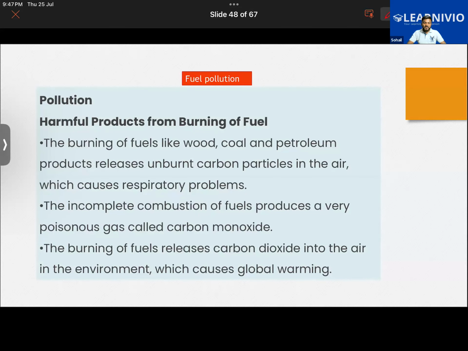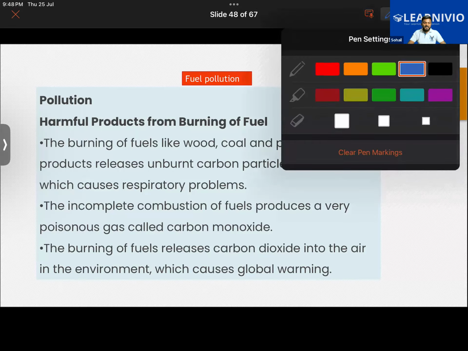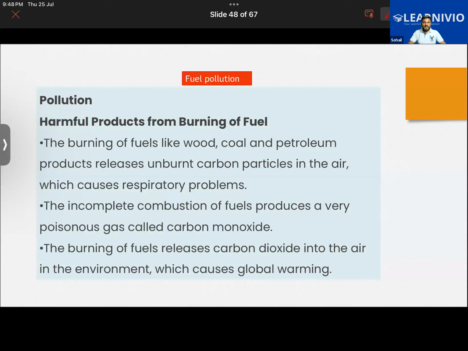Talking about pollution caused due to the burning of the fuel. Whatever kind of fuel you have, whether a fossil fuel or fuels like wood or other fuels, rarely do we see fuels going through complete combustion.